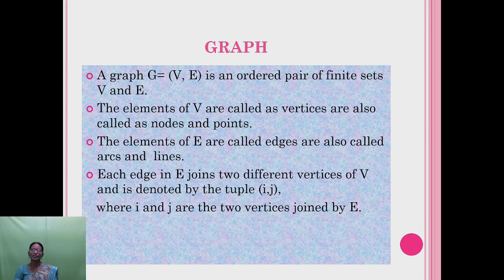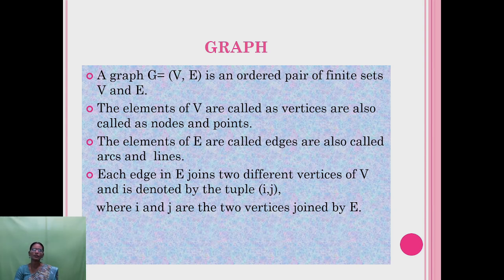First we study the graph. In graph, G is equal to (V, E), V for vertices and E for edges. So it is an ordered pair of finite sets V and E. The elements of V are called vertices, and we refer to them as nodes or points.